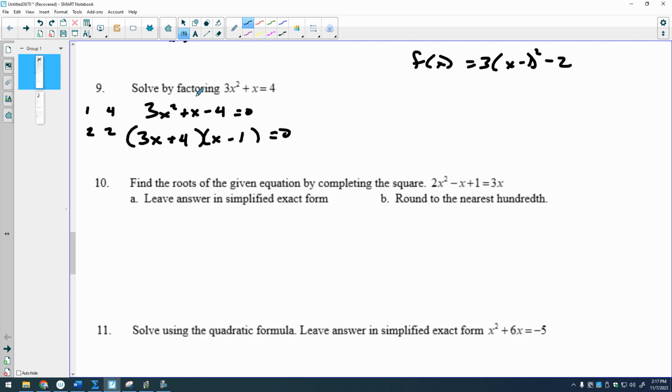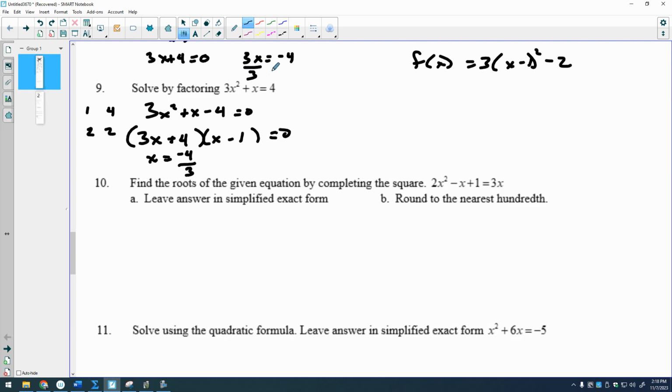Okay, it says solve by factoring. We have just factored. So now I have to solve it. So remember the shortcut? It's the opposite of this number divided by this number. And remember, we solved that thing. We have 3x plus 4, and the question is, when is that equal to 0? We used our algebra skills, so we subtract 4 from both sides, and that's why it's the opposite, because I do the opposite to get rid of it.